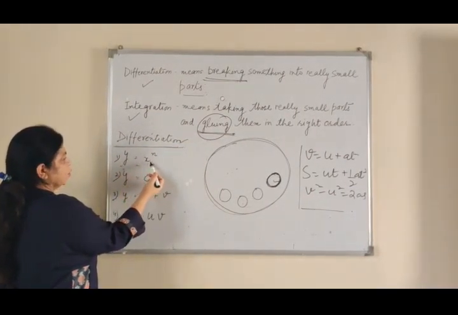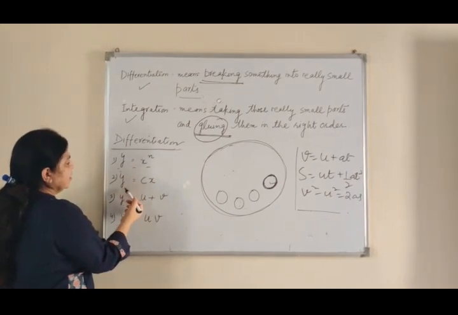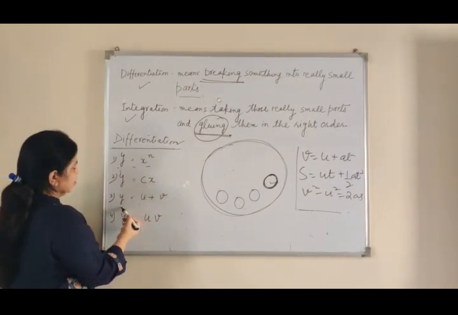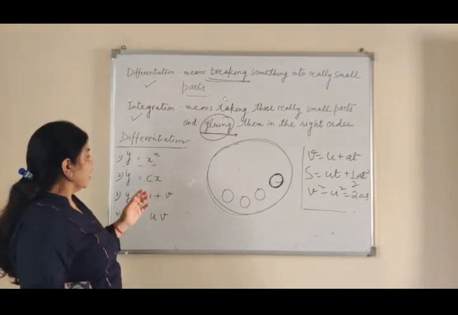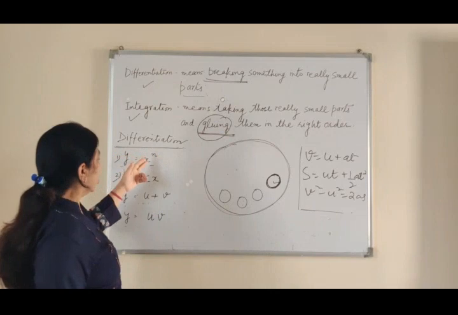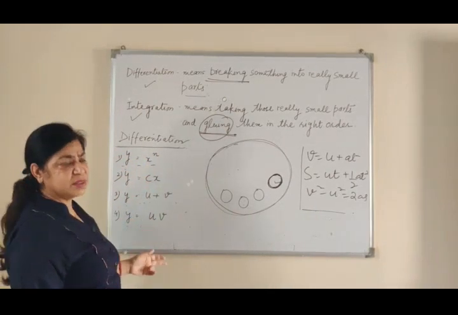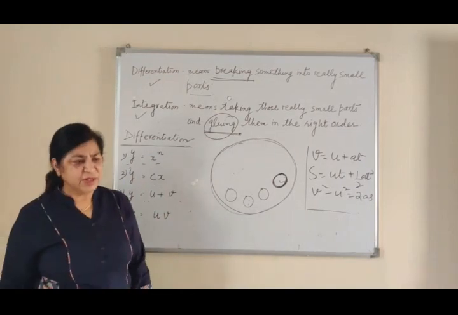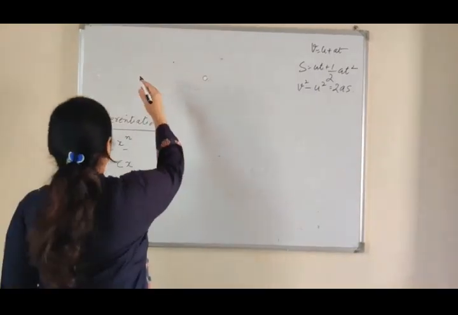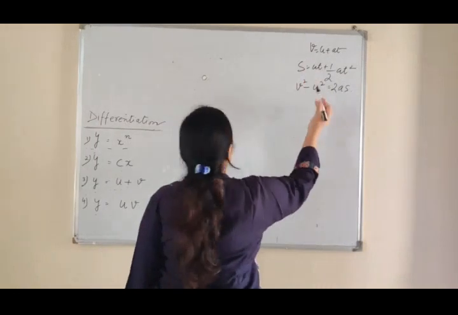First is y is equal to x power n. Second is y is equal to cx. Then y is equal to u plus v. Then y is equal to uv. Firstly I will tell you how we will differentiate these terms, and then I will tell you the integration of these terms, and with the help of these equations we can derive the equations of motion.